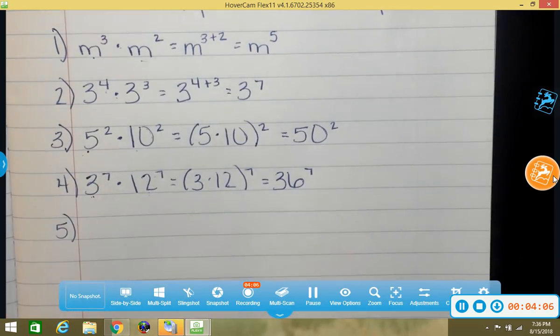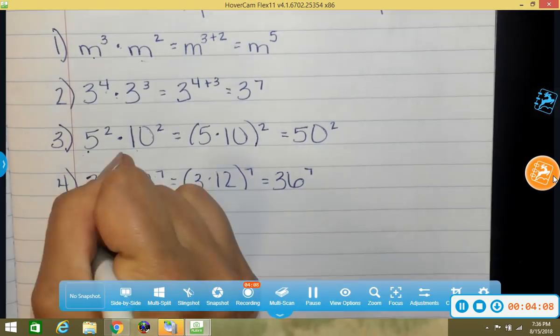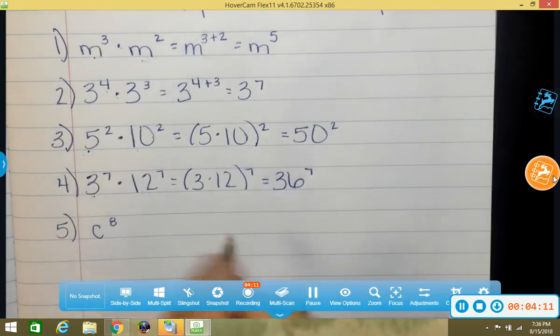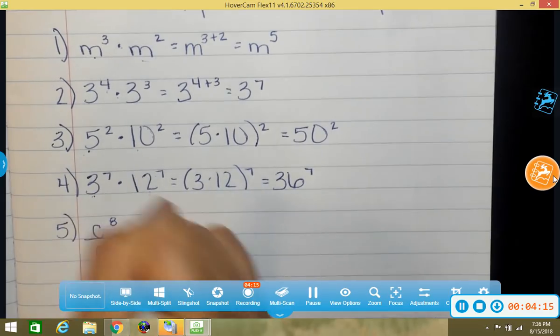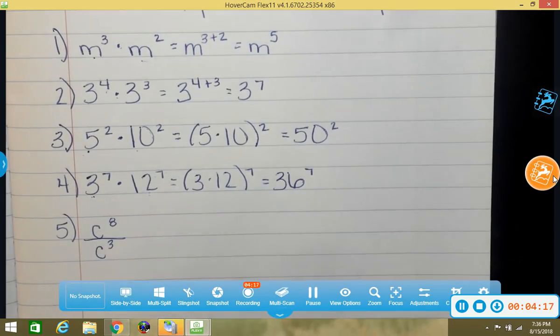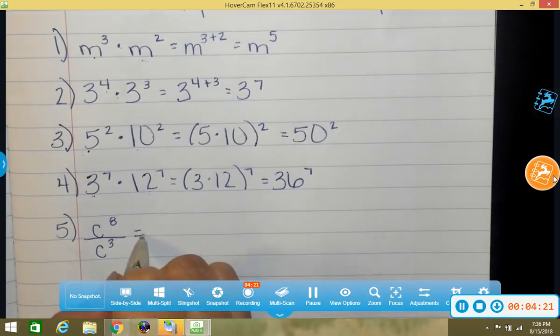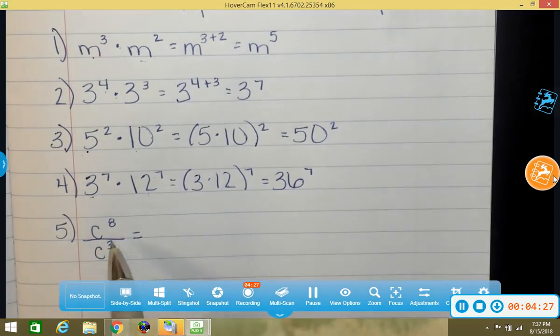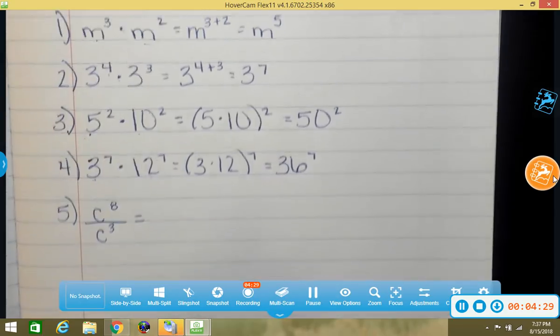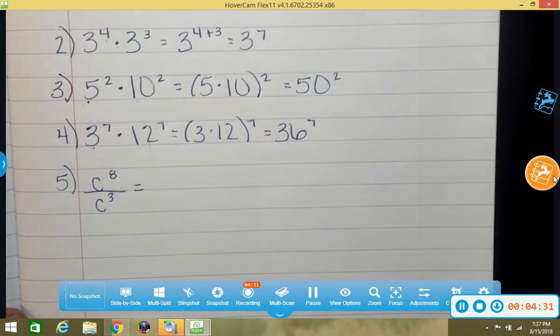Okay, the next one, we're going to do c to the 8th divided by c cubed. We're going to write this out so that you can understand why this is happening. We know already that when we have like bases that are being divided, we subtract the exponents, but we're going to look at why this actually works.